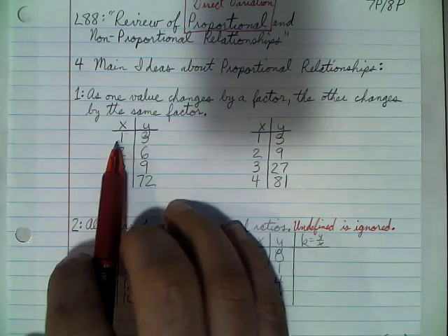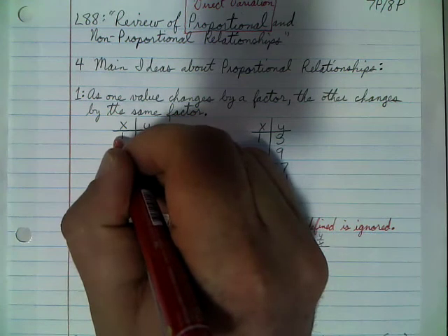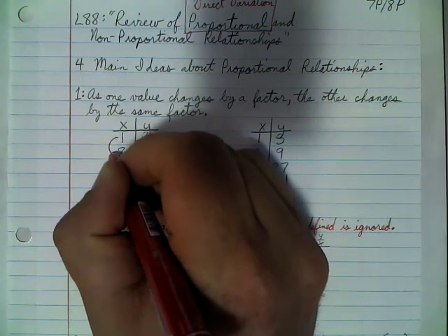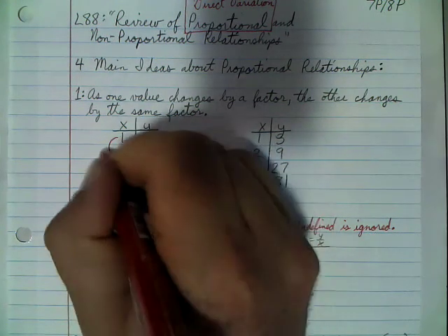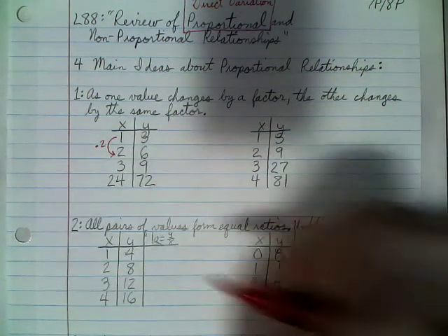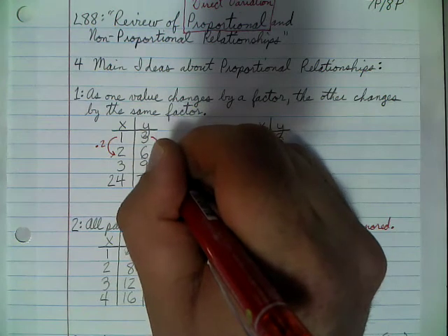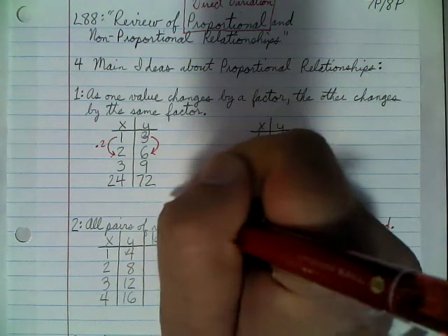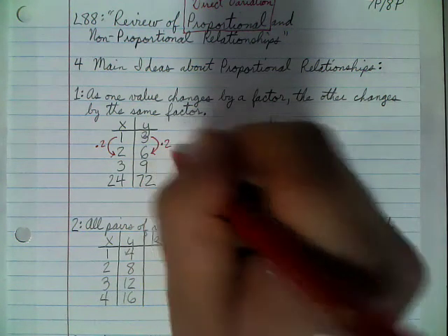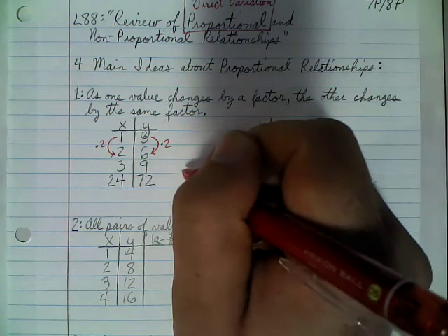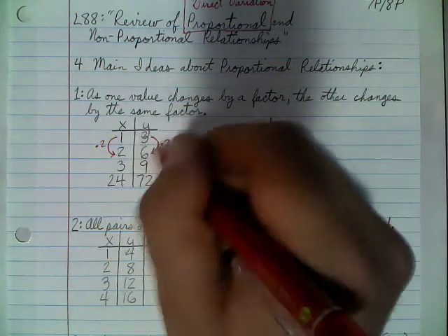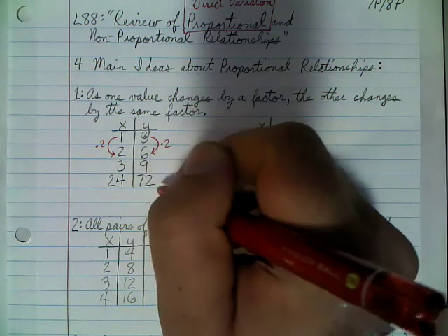So if we take a look here, if I take my x value and go from there to there, we're taking 1 and multiplying it by 2. Then likewise over here, when I go from 3 to the next y value, we should also be multiplying by 2. And we are. 1 times 2 is 2, 3 times 2 is 6.